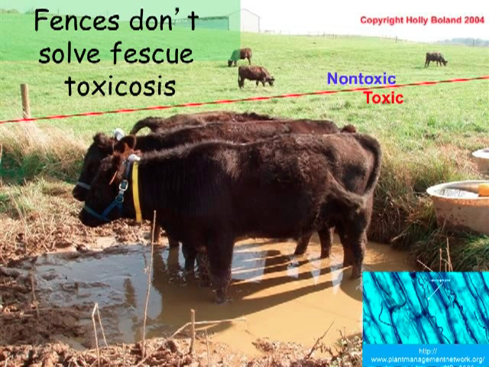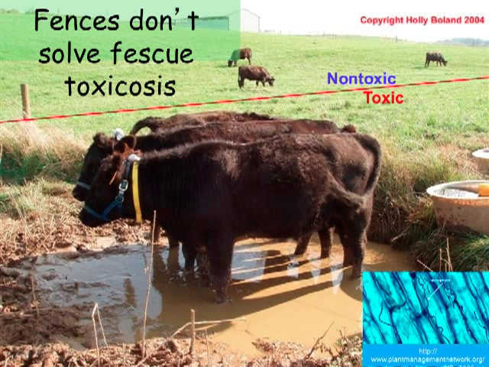And most of that tall fescue is infected with a fungus. This picture shows this little blue stain is the fungus growing sort of between the plant cells. Most of that fescue is infected with a fungus, and that fungus causes quite a number of issues for livestock.